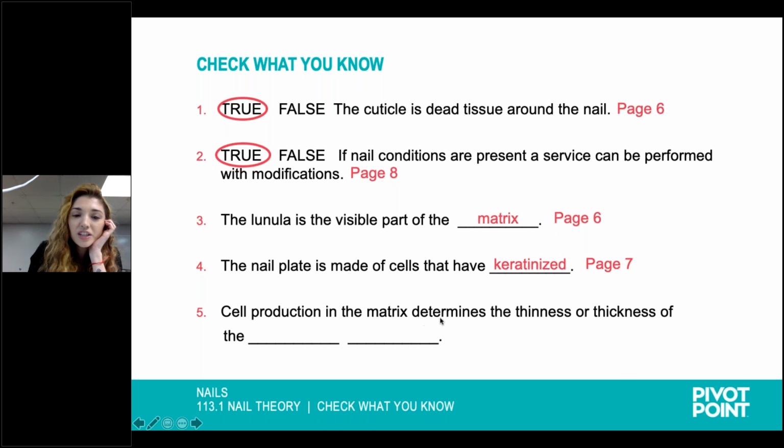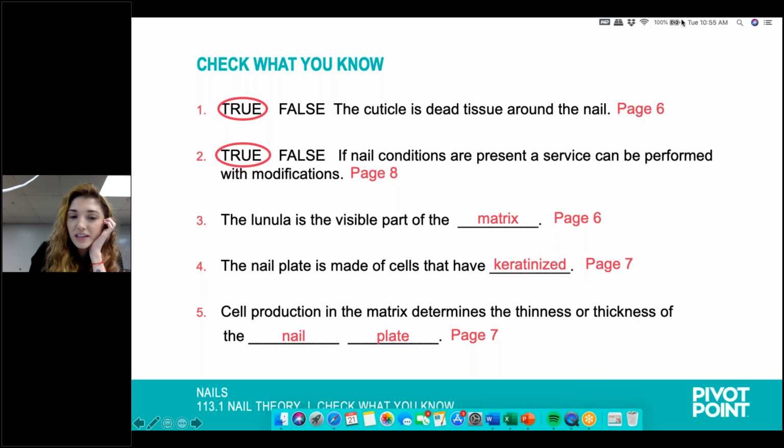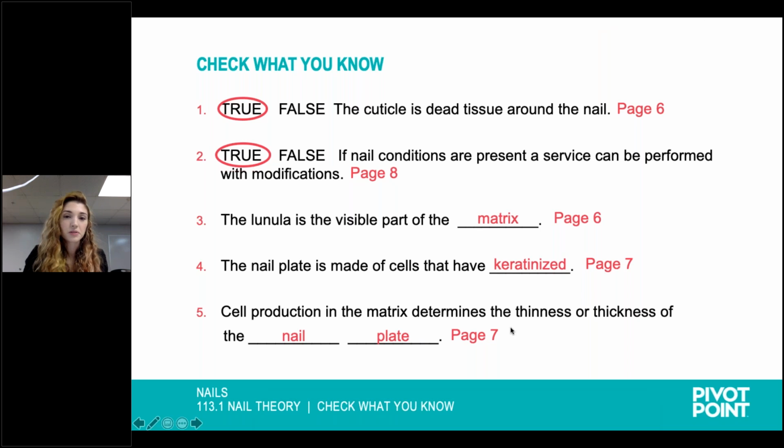All right, so cell production in the matrix determines the thinness or thickness of the nail plate. Yep, it totally does. Hence, that's why they have deduced that when you get a thickening of the nails, something is going on inside your matrix that's causing it to overact. It could just be due to old age, injury, all that good stuff.